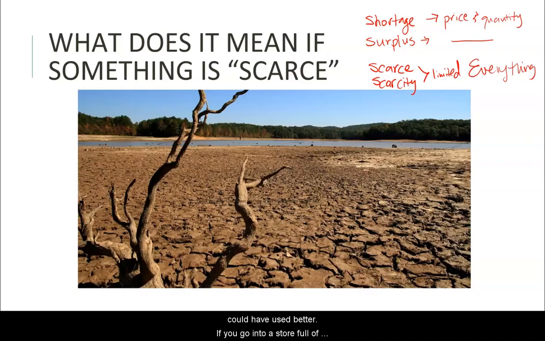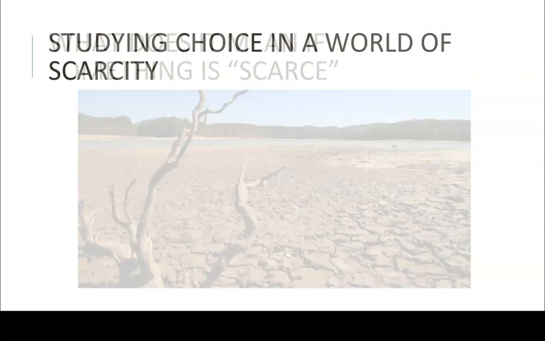If you go into a store full of t-shirts and they're all $800 and nobody wants to buy them, that might be a surplus. They have too many, people don't want them, but that doesn't mean it's not scarce, right? From our economist perspective, it is still limited. We had to use our limited time and production resources, natural resources to make that thing. So we say that everything is scarce, even if there happens to be a surplus or an abundance of something.